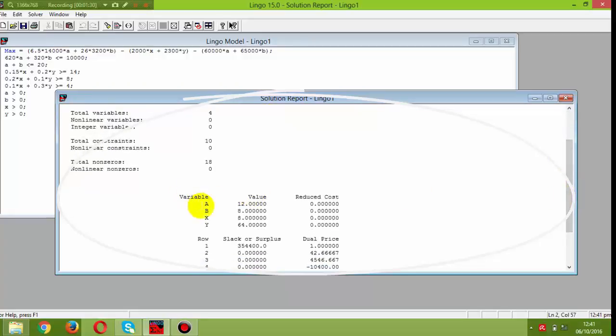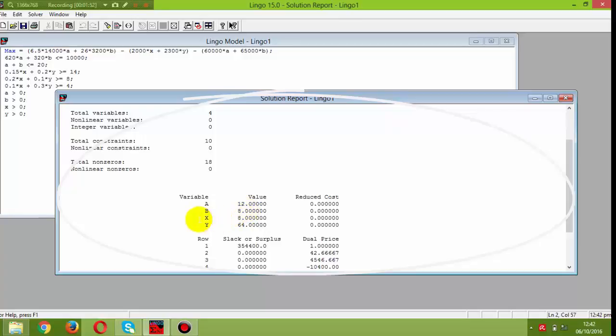And then we also have variables A, B, X and Y. A and B are the amount of seed, where A is the amount of rice seed and B is the amount of corn seed. So we have 12 kilograms of rice seed and 8 kilograms of corn seed.